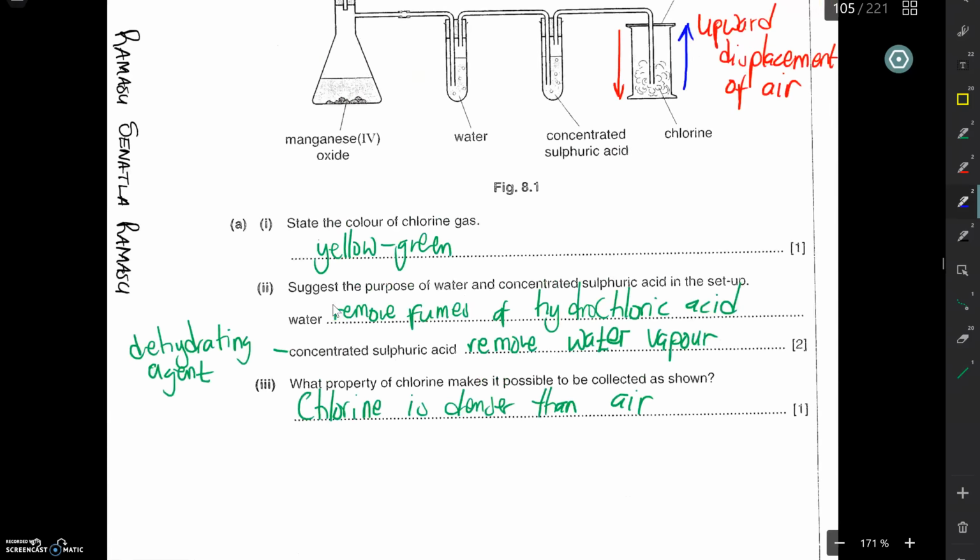Then hydrochloric acid is aqueous, as we can see from here. It's in a solution form, so it's aqueous. And the manganese chloride is also in solution form, so it's aqueous. H2O is liquid, it's water. And the chlorine gas is, well, a gas.